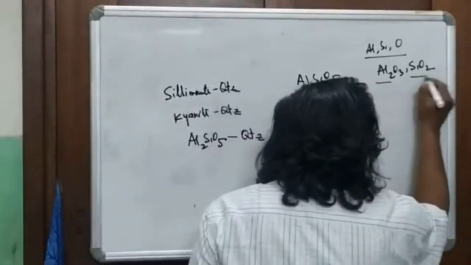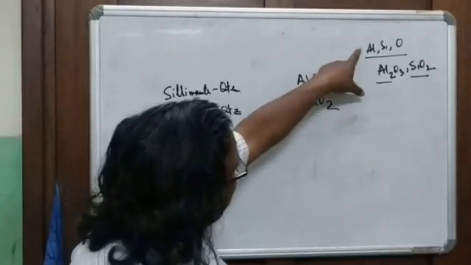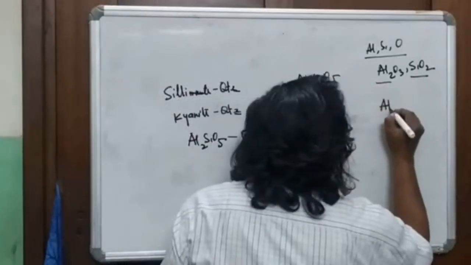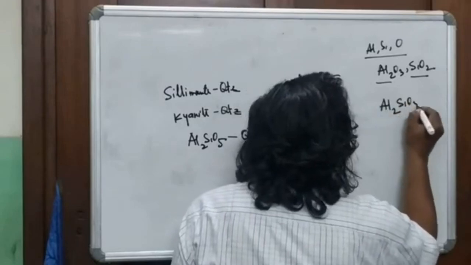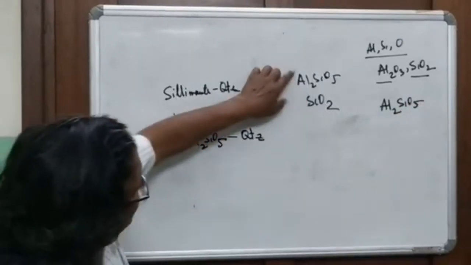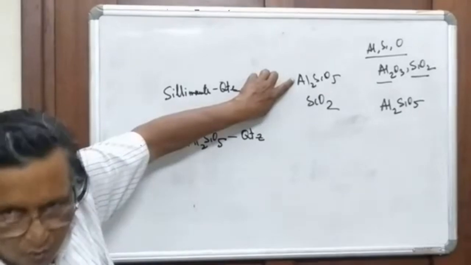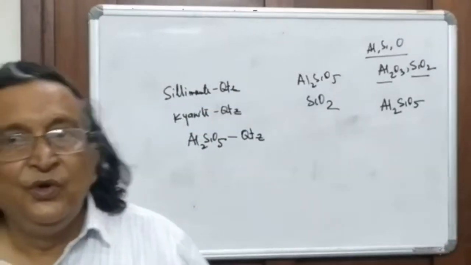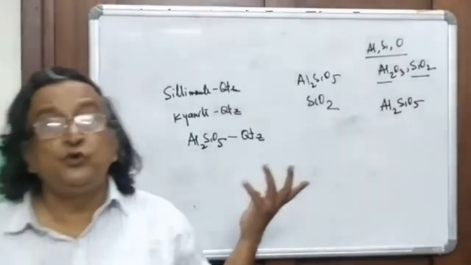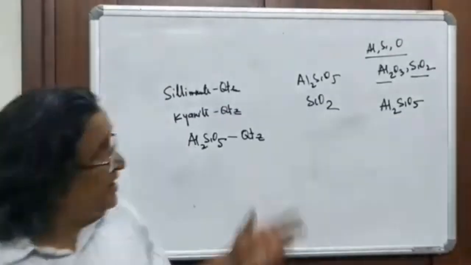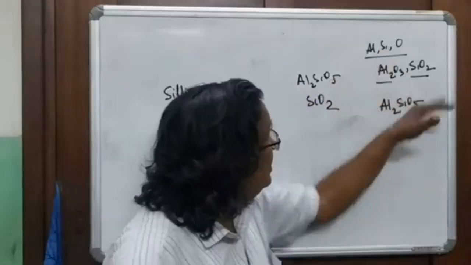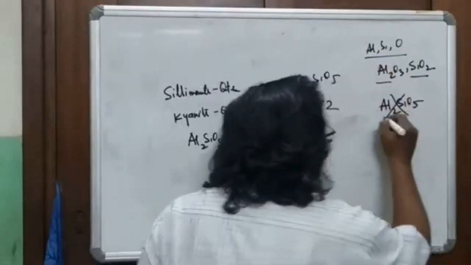So this could be another possibility. Here there are 3 components, here there are 2 components. But if I take Al2SiO5, then I can write this as 1 Al2SiO5, but I don't have anything for SiO2. So this is out of the question.